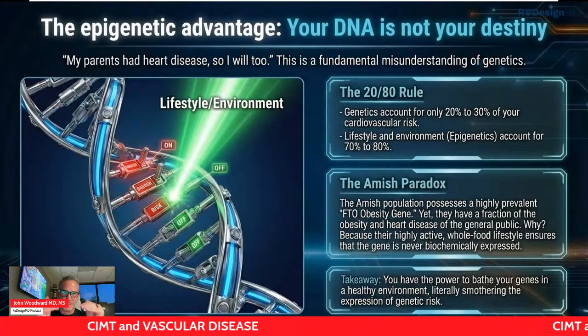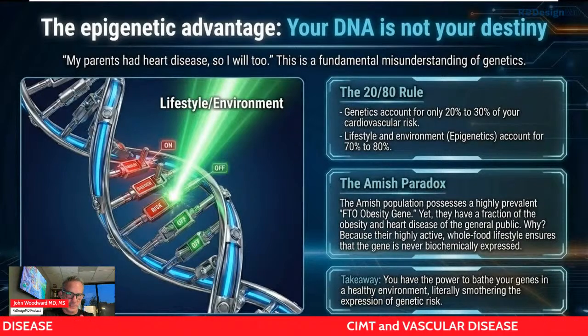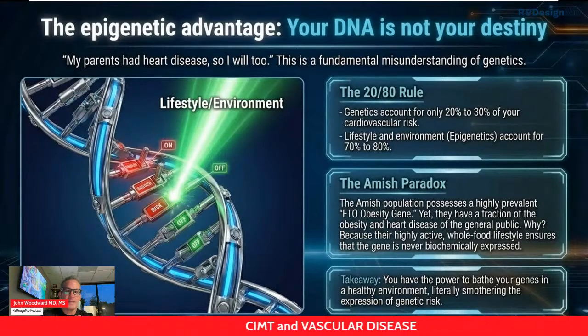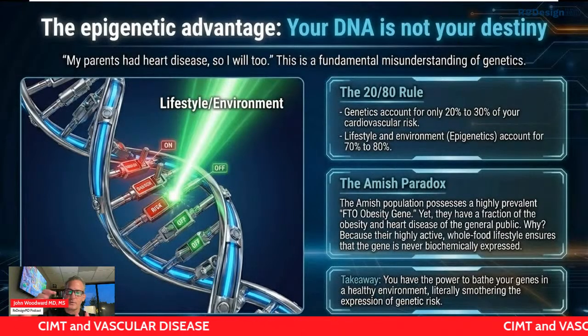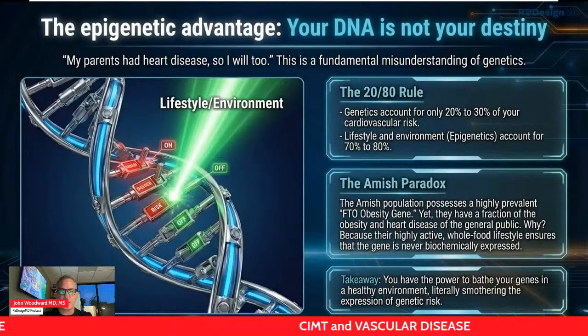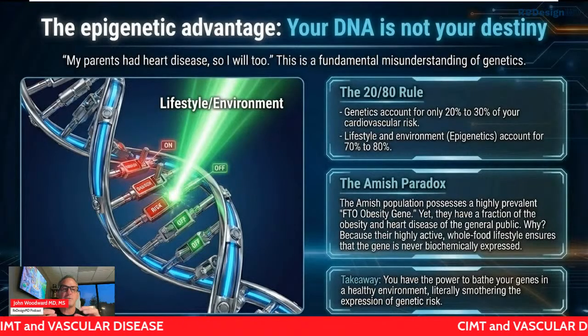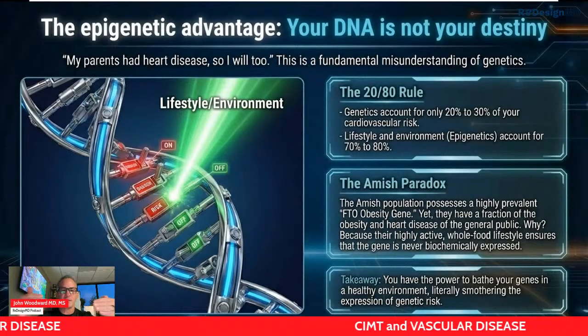But we can mitigate that. The Amish paradox is they have the FTO obesity gene, but many of them are not obese because they overtrump their genetics with the right lifestyle. So they bathe those genes in a lifestyle that suppresses the gene expression. So just because you have the gene doesn't mean it has to be expressed.